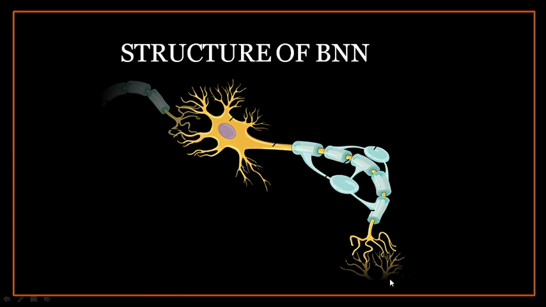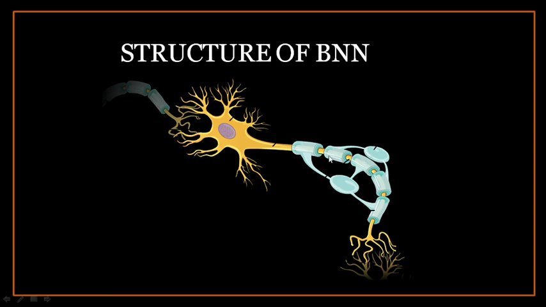Look at this diagram. This part represents the synapse. And this part represents the myelin sheath.